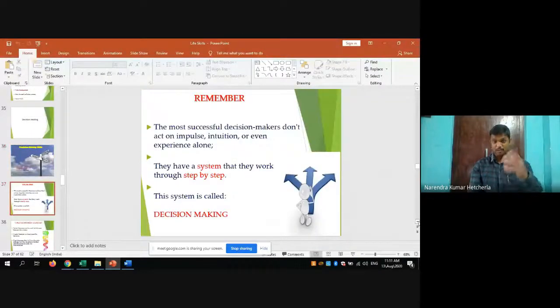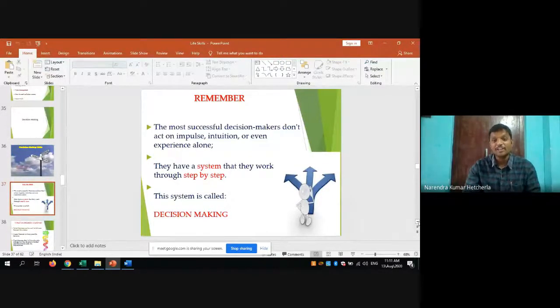All right, now, there are certain things that you need to remember while making a decision. So look, the most successful decision makers don't act on impulse. Students, try to understand this. Impulse. What does impulse mean? Instinct. So the most successful decision makers don't act on impulse.